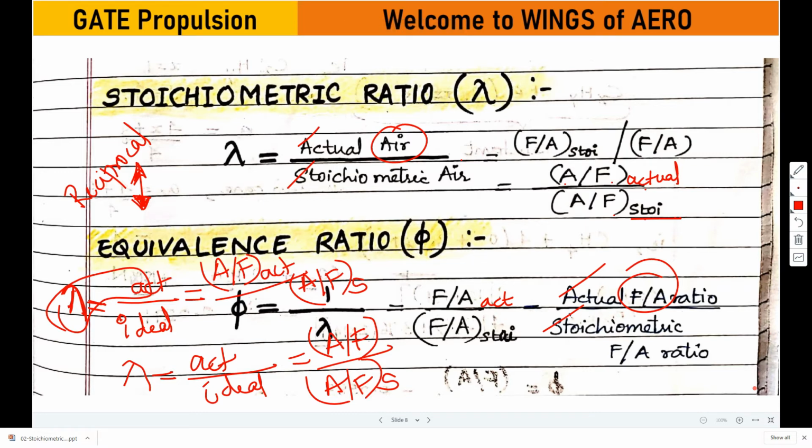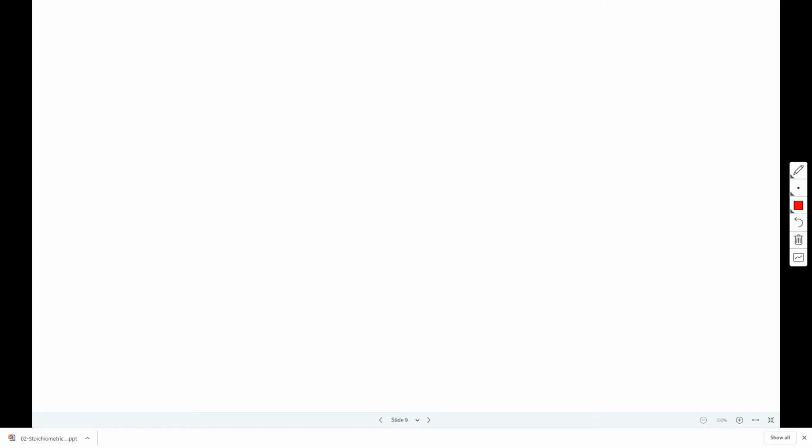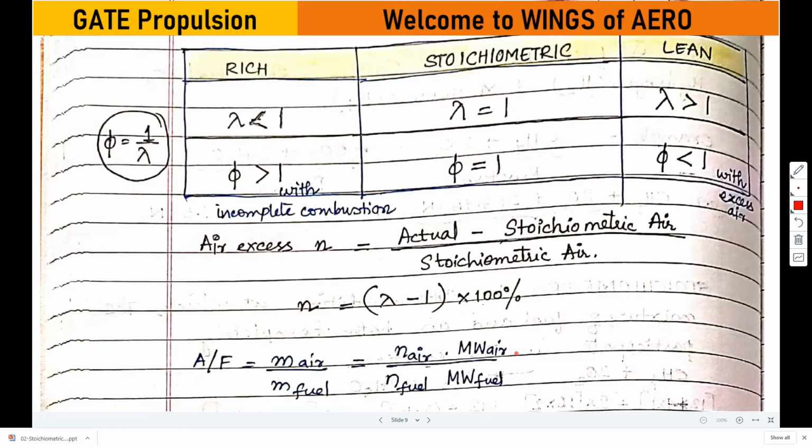Next will be the relation between the stoichiometric and the equivalence ratio in terms of whether the mixture is rich, stoichiometric, or lean. This is very important: you can see a tabular column I have framed over there, and that is a very important thing to remember.